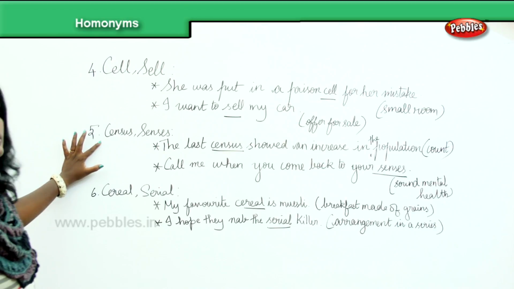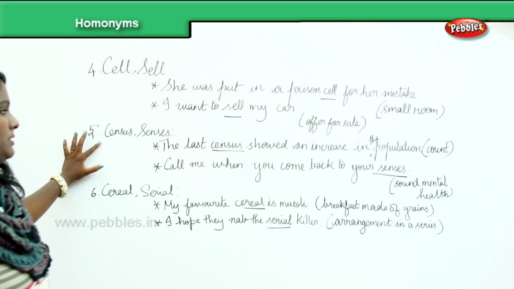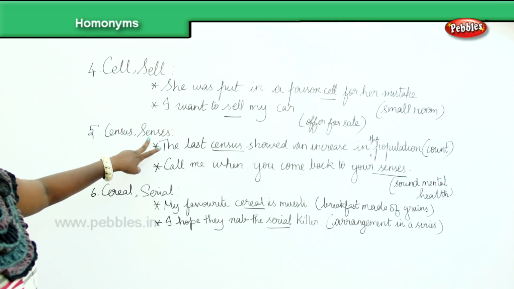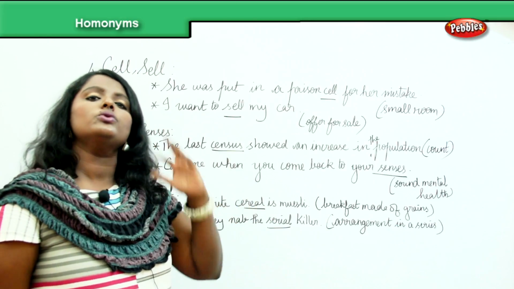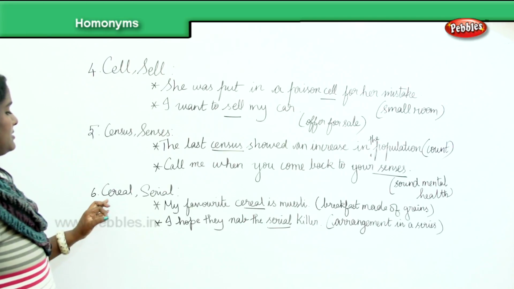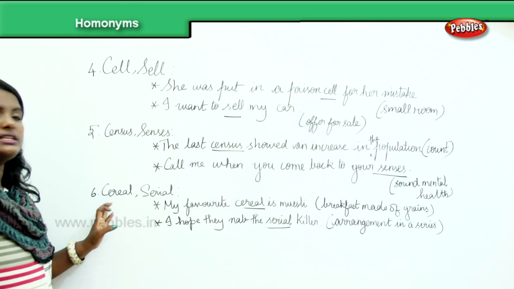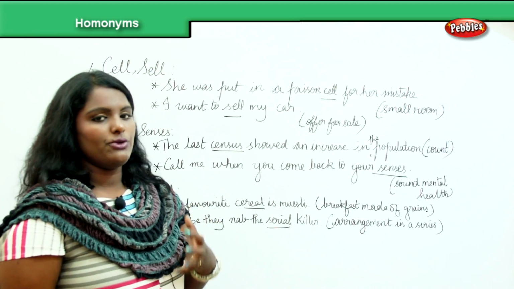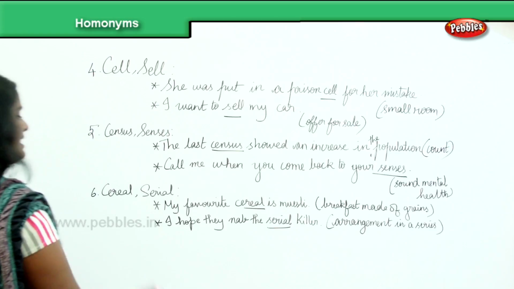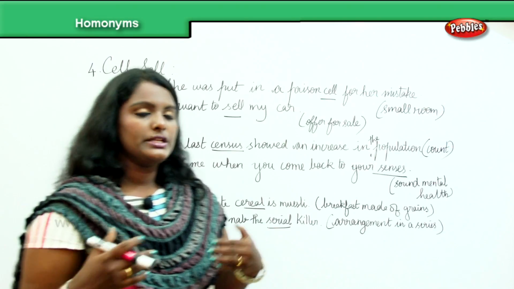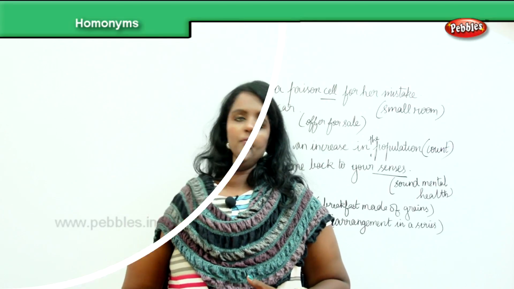CENSUS means the count, the population count, whereas this census, SENSES, means coming back to sound mental health, coming back to the senses. Cereal and cereal, where CEREAL means a breakfast that is made of grains, whereas SERIAL means something that has been arranged in an order. Let's move on to the next example.